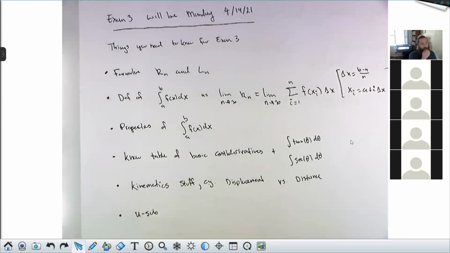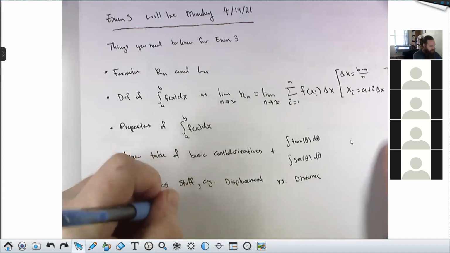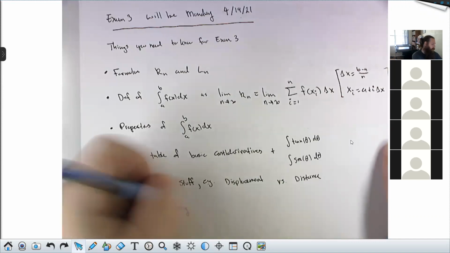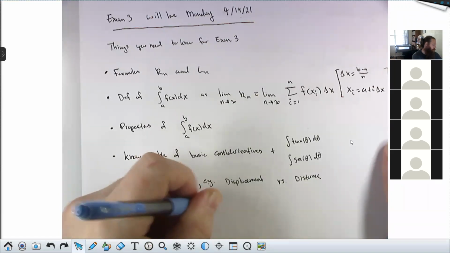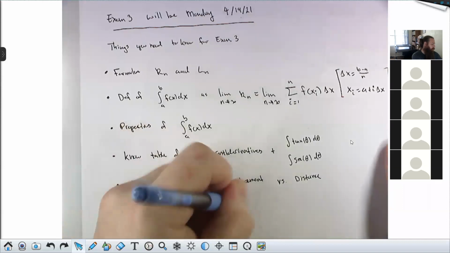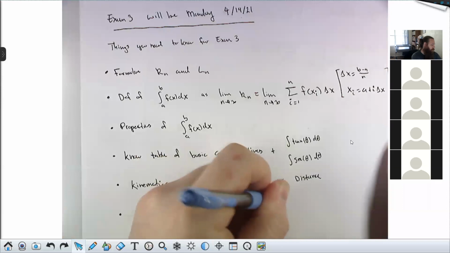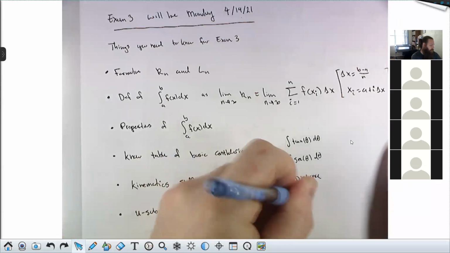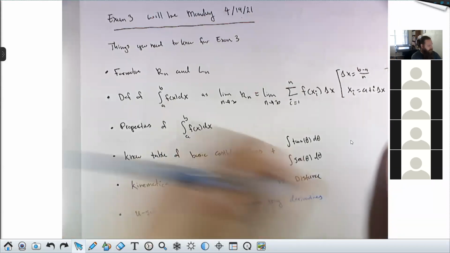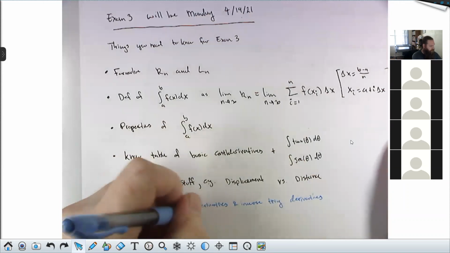So these are the main things that are going to be on exam 3, just off the top of my head. Now, when it comes to the u-sub stuff, some useful trig things that you need to know: of course, you need to know the trig derivatives, and inverse trig derivatives, and of course, the associated antiderivatives.